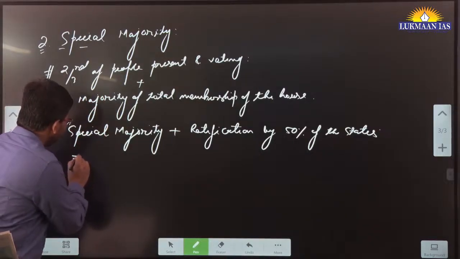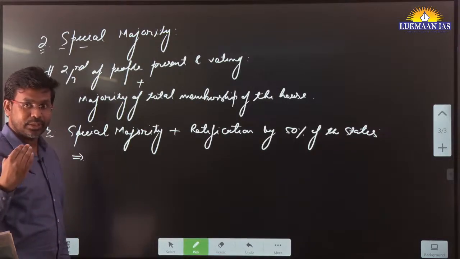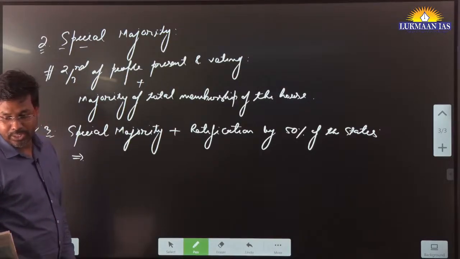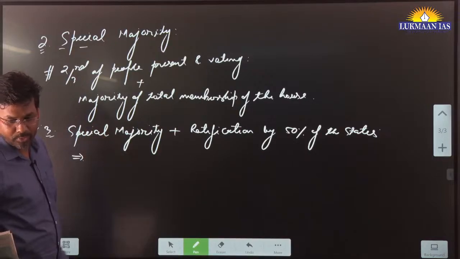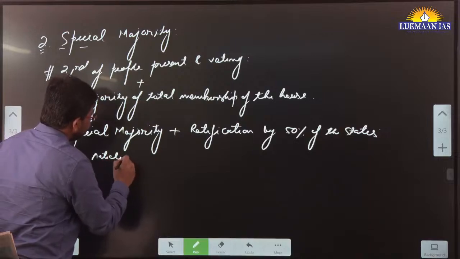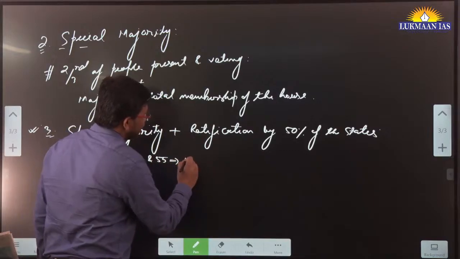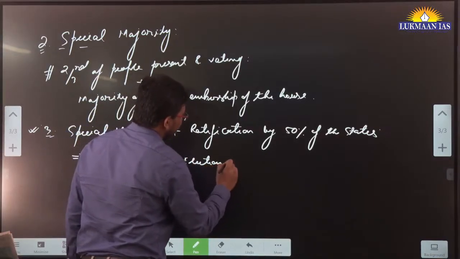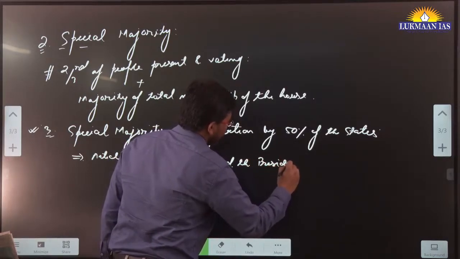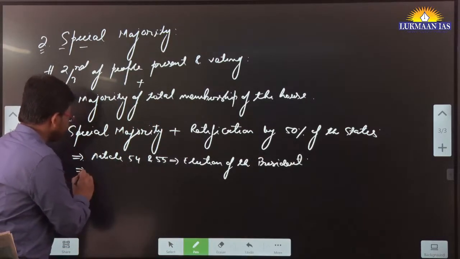If they want to amend the federal structure of the Constitution of India, for example in the case of election of the president under Article 54 and 55, if you want to change anything related to Article 54 and 55, in that case also it will require a special majority plus ratification by 50% of the states.